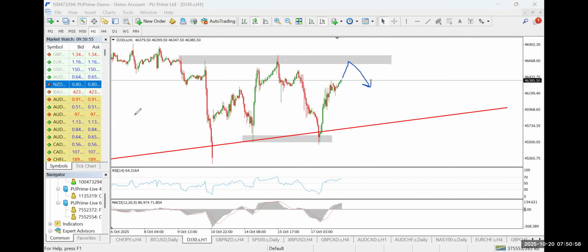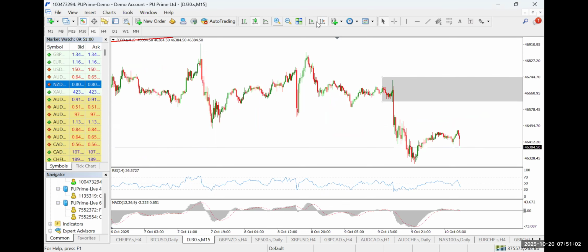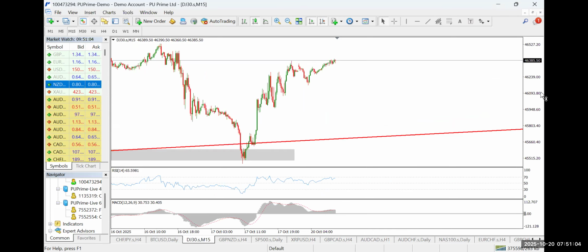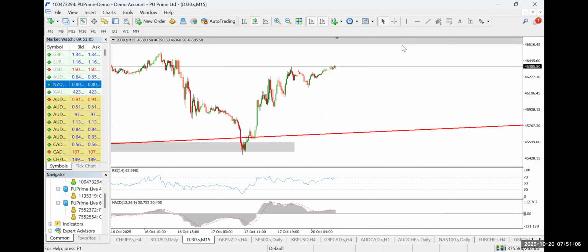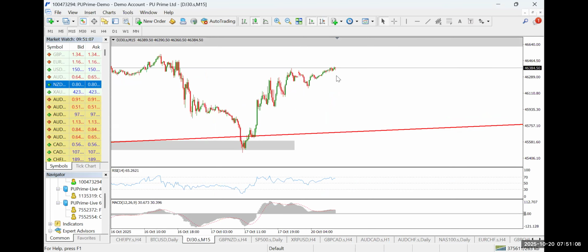A short-term sell may take place. Let me take it down again to 15 minutes. And please trade this instrument with a lot of caution because it's very volatile. DJ30, S&P 500. So we may see price move up and see a drop. Eventually it will break above it for a swing, but our focus should be on the short-term movement because of the volatility.